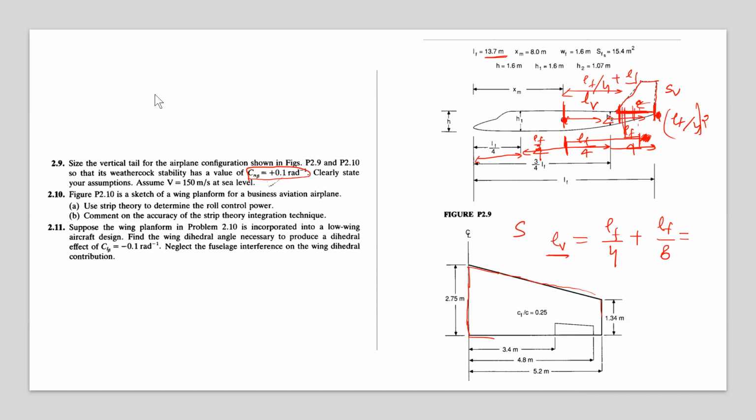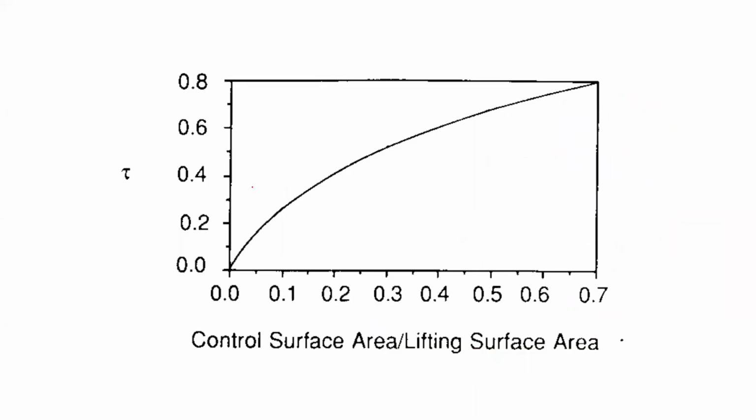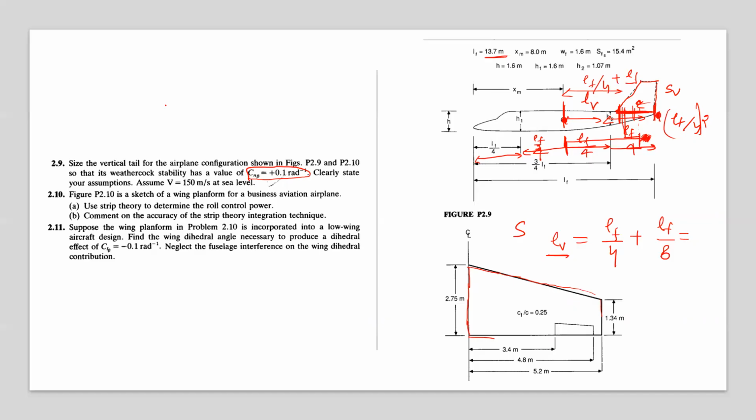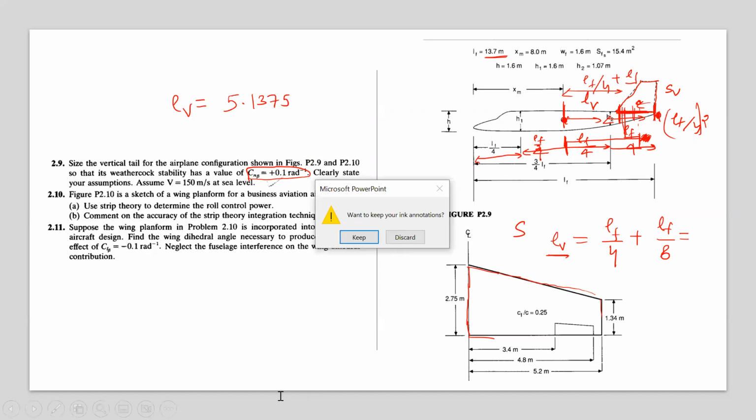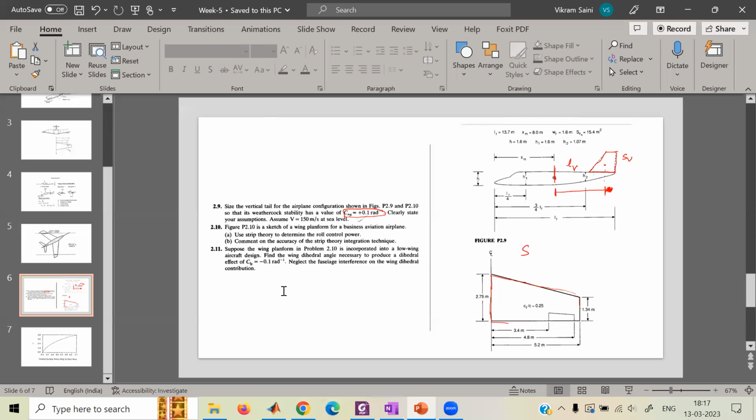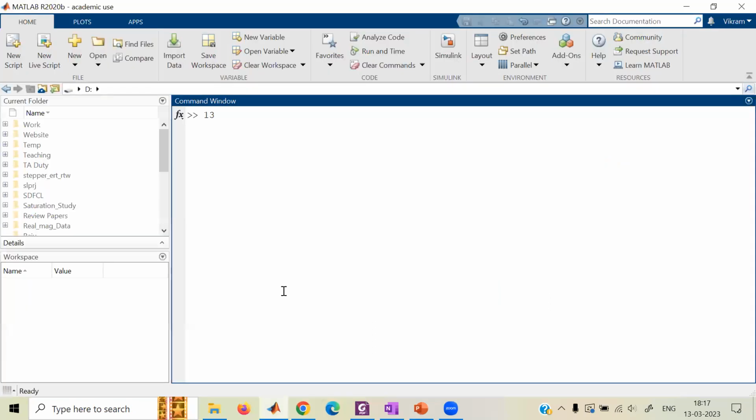LV is 5.1375. We can cross check it. 13.7 should be divided by 4.